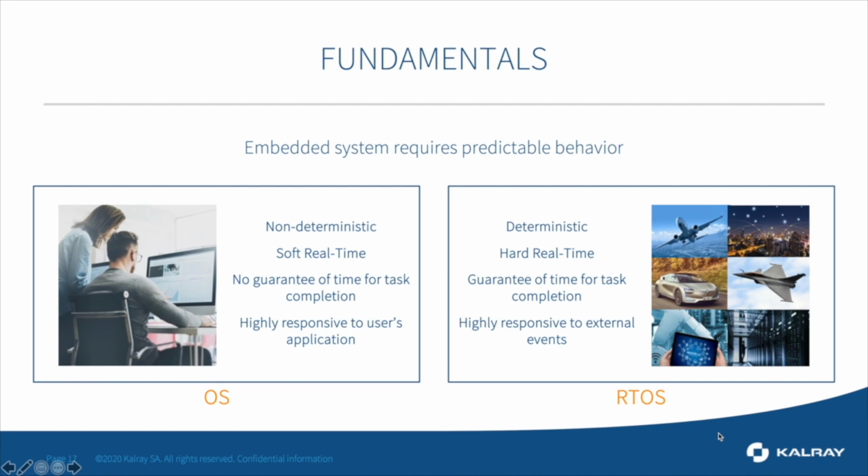Guarantee of time for task completion means not only giving the time, but having the task completed within expected boundaries of time, which is sometimes called worst case execution time, WCET, and taking care of acting on external events, and we will talk about interrupts pretty soon. That's, in a very high summary, the differences between an OS and an RTOS.